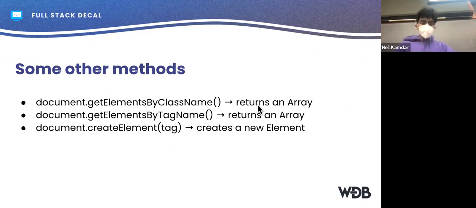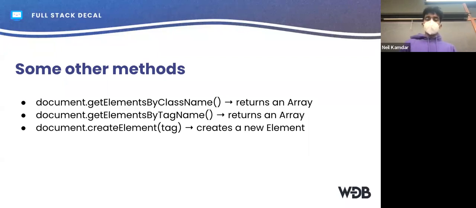This is pretty useful because many times we'll have a variety of different tags that all have the same class name, like a bunch of red text. So this returns an array, and essentially you'll have a variety of different tags returned by this.